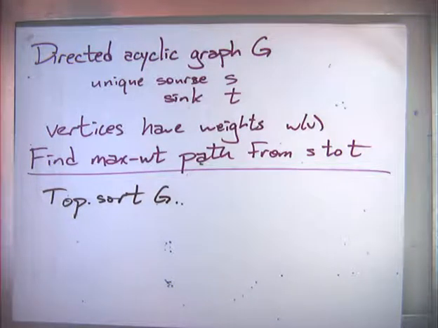Yeah? I think I understand topological sort. Okay, so the goal of topological sort is to assign an index, a number, to every vertex so that every edge goes from a lower numbered vertex to a higher numbered vertex. You want to sort the vertices so that all the edges go in one direction.